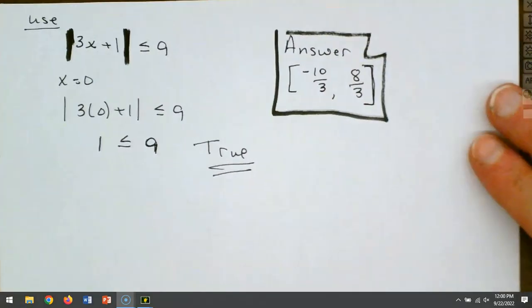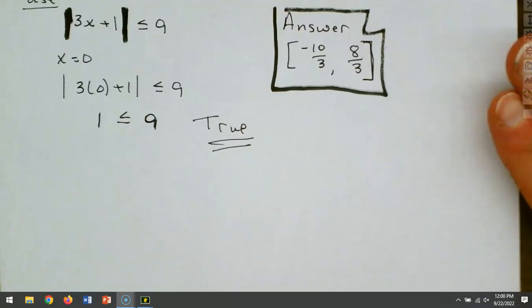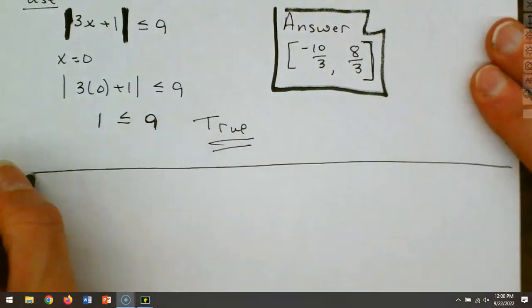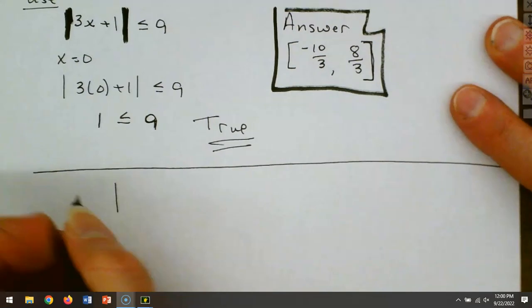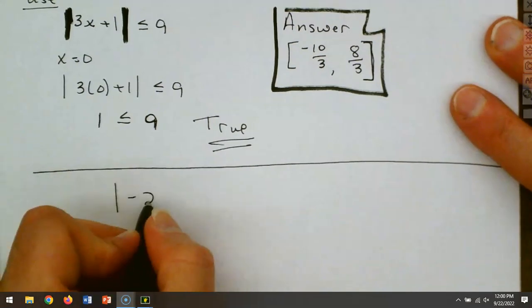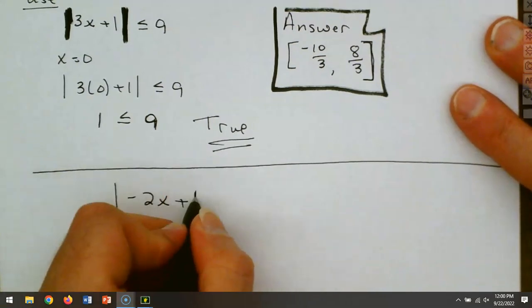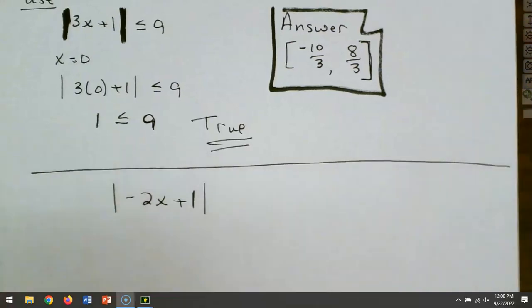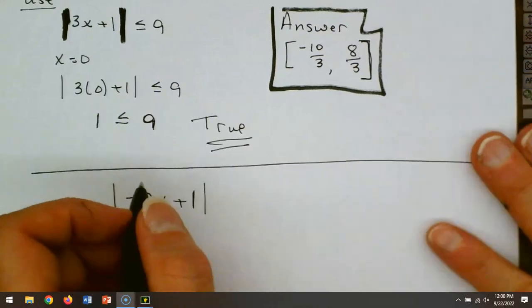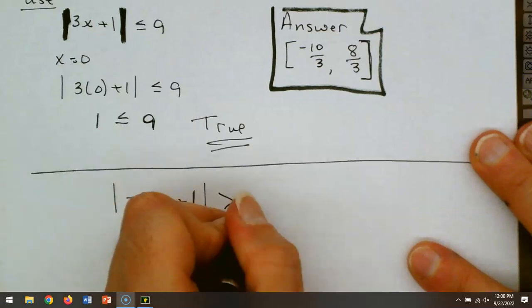Let's try another one. That was less than, so let's do a greater than 3.